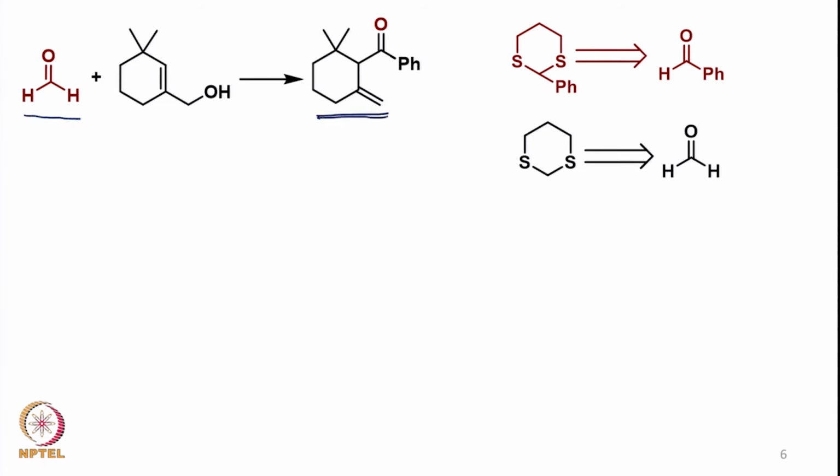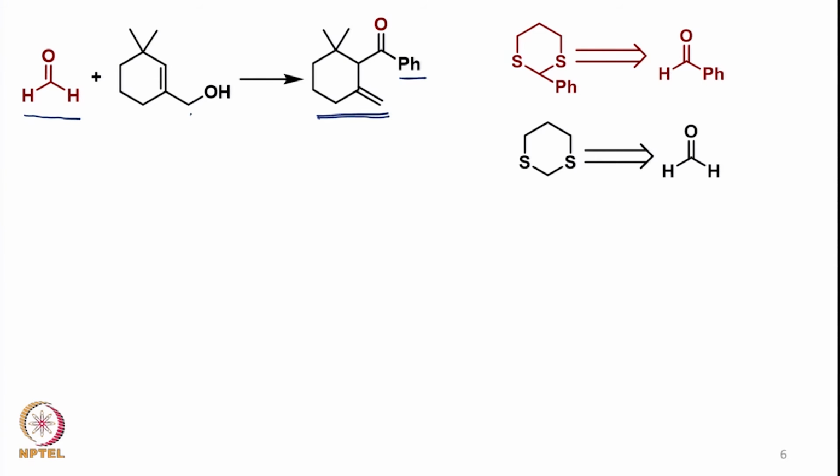In the previous example that we took, we had hydrogen here, but we started with the corresponding bromide and the dithiane. So we have to recognize whether we start with the bromide or with the alcohol. It is very clear that we have to convert the alcohol into a leaving group, and therefore it could be bromide, or mesylate, or tosylate.